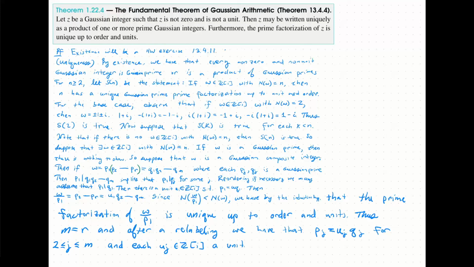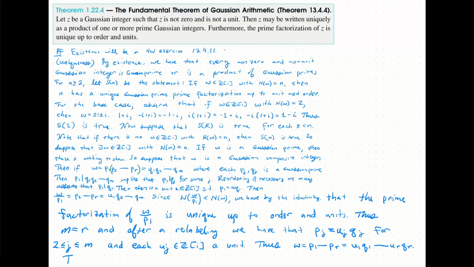So in particular, as a consequence, we get that w equals p1 through pr is equal to u1 p1 all the way through ur pr, where now we have substituted in our values for the qj's in terms of the p's. Oops, sorry, that should have been u1 q1 and then ur qr.